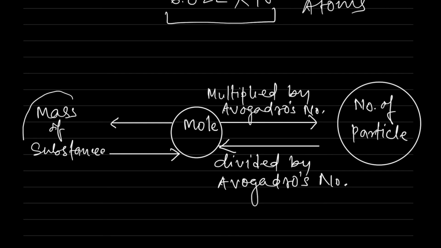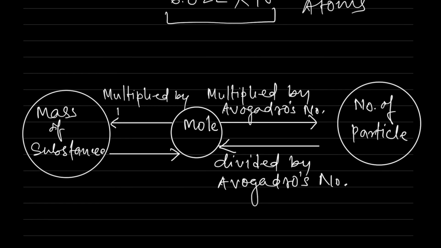So mole can be converted into mass of the substance by multiplying by molar mass, and mass of the substance can be converted into mole by dividing by molar mass.